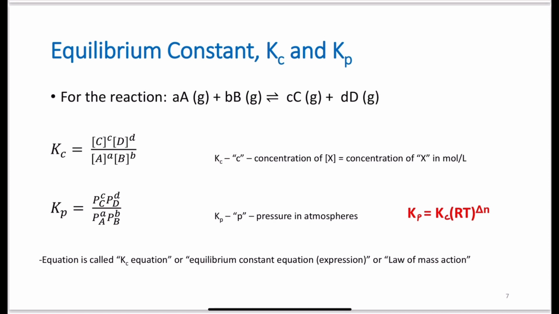So again, the equilibrium constant is a measure of reaction extent, a measure of how much product I have to how much reactant I have once I've reached equilibrium.